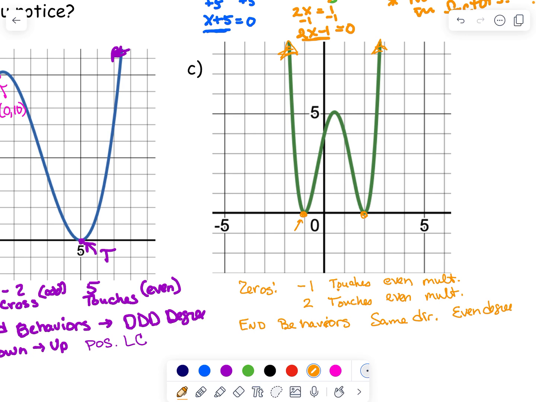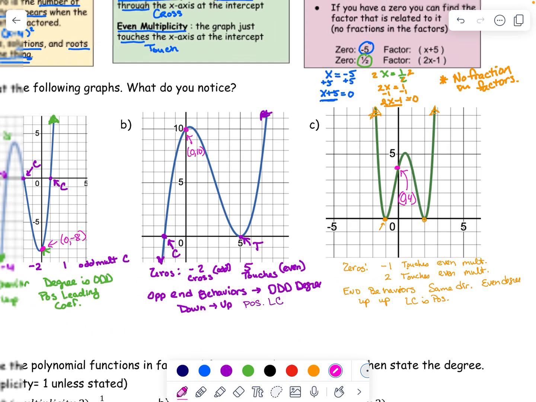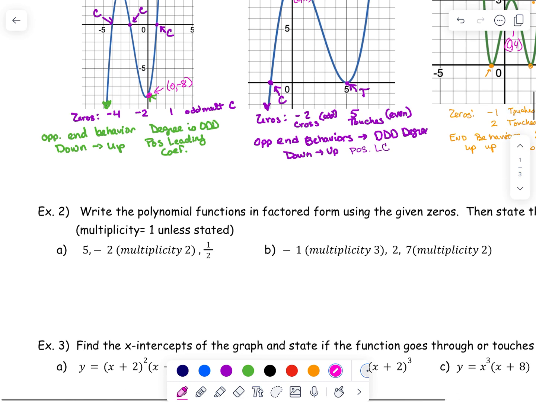Okay, and because they're going up, up, it means that the leading coefficient is positive. Okay, so those are some things. And again, we have that y-intercept if we wanted to look at it, and that guy is going to be (0, 4). Okay, so those are some things that we can notice from a graph, and it would help us match the graph to an equation.